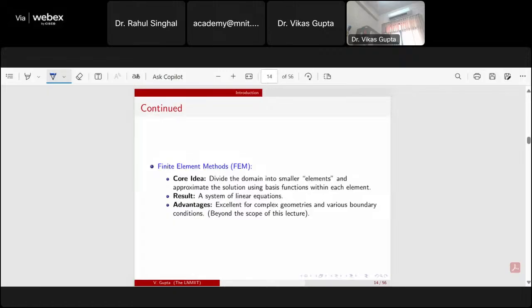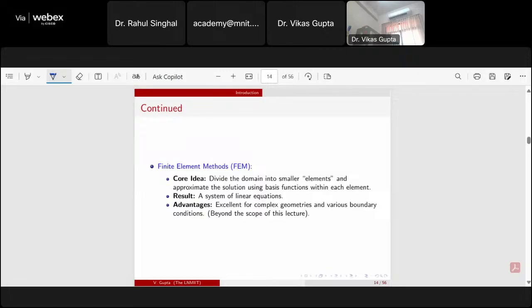In the finite element method, we divide the domain into smaller elements and approximate the solution using basis functions within each element. Application of the finite element method to a second order boundary value problem again leads to a system of linear equations.